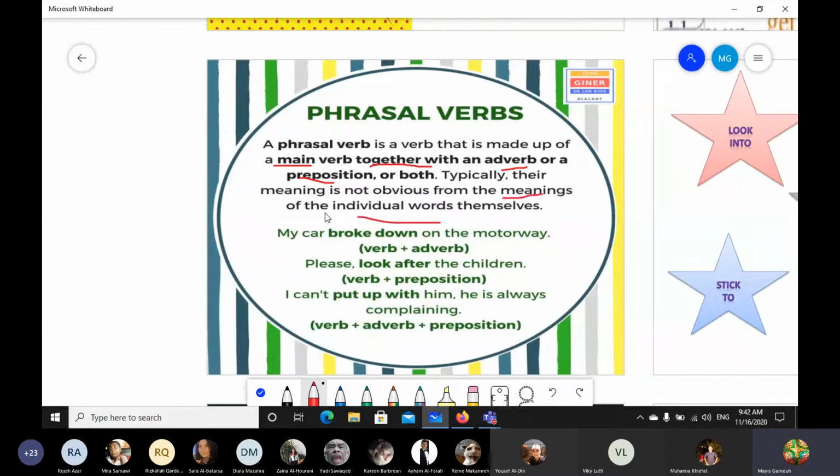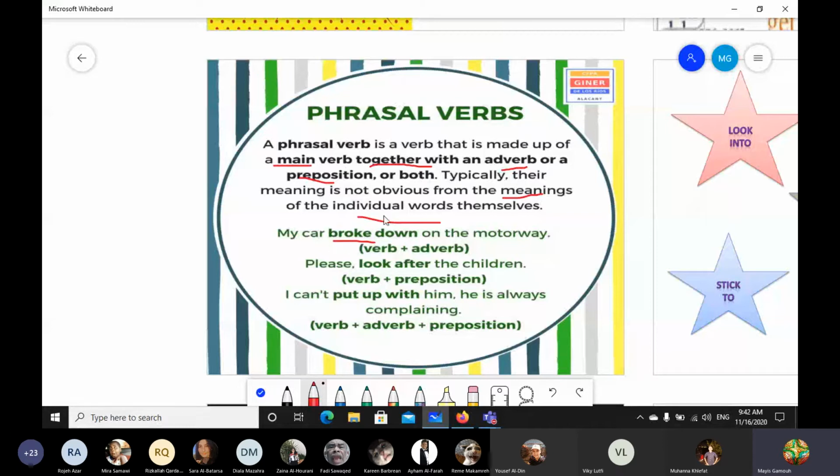So here they say that the meaning differs when we put these words together, the main verb with the adverb, or the main verb with the preposition, or both. The meaning of the whole term will differ from the original meaning of every section of them. We took a couple of examples.